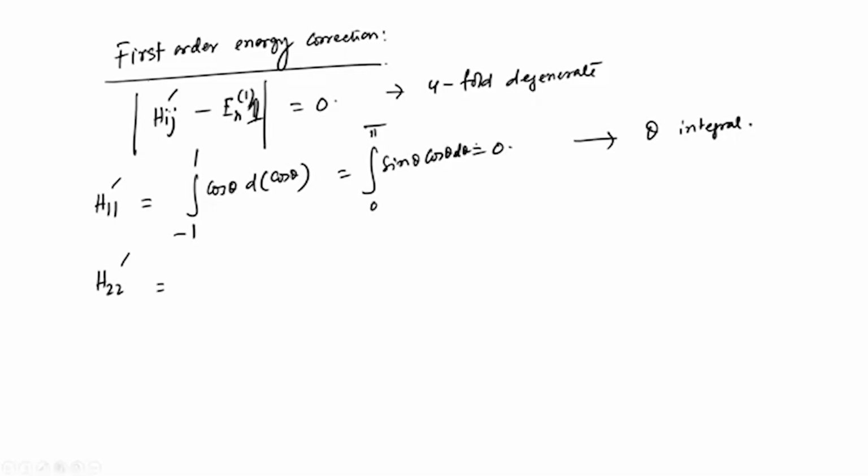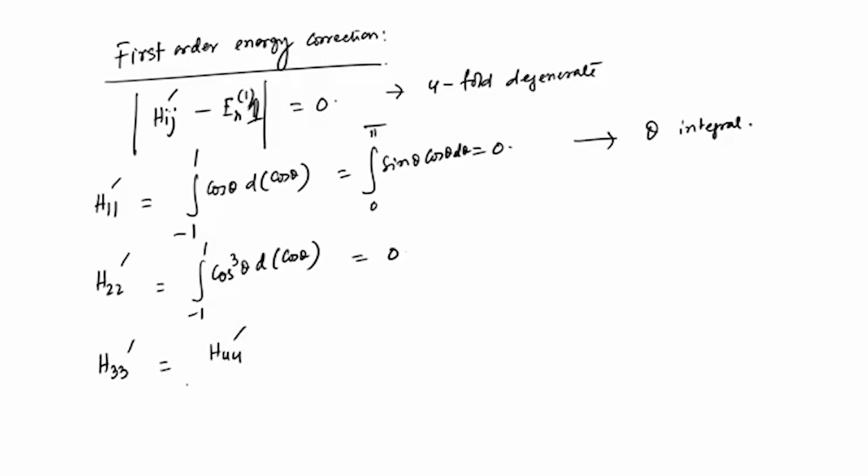So, this is there, and H22 prime will have minus 1 to plus 1 and a cos cube of theta d of cos theta. So, just take cos theta as some x variable. So, it is x cube dx from minus 1 to plus 1, that will again be 0, and similarly the H33 prime, again because of the theta integral.